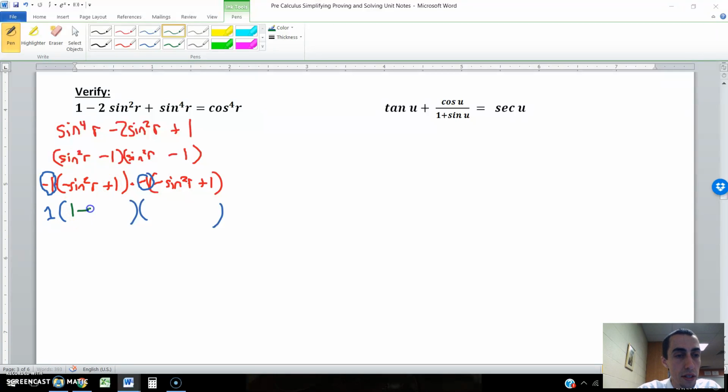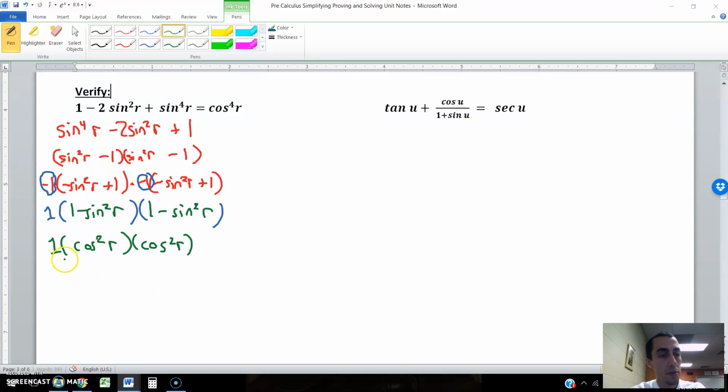Next, I'm going to rearrange the order since we're adding, and we could use the commutative property of adding. Now, 1 minus sine squared of an angle is one of our Pythagorean identities, and that equals cosine squared of the angle.